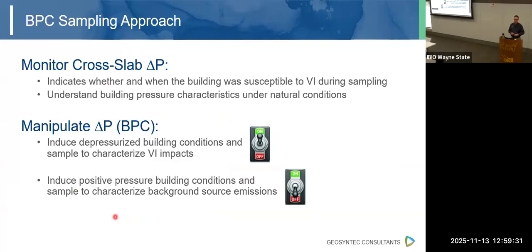So then we can actually directly manipulate that differential pressure. So depressurize the building, essentially turn vapor intrusion up to 11, and get our worst case scenario. Then we can turn that around, pressurize the building, essentially turn off vapor intrusion, and then whatever we're seeing in indoor air is likely from a background source and not from vapor intrusion.